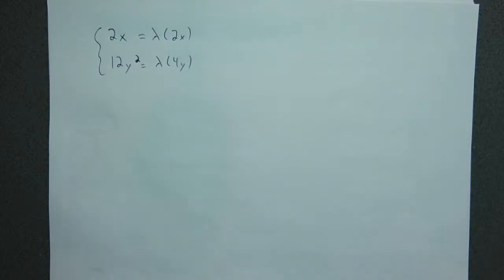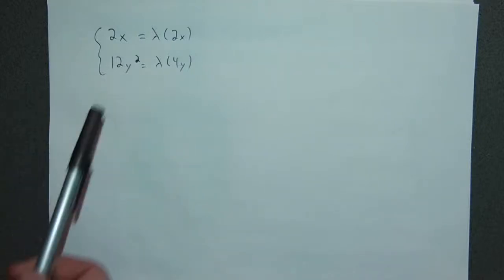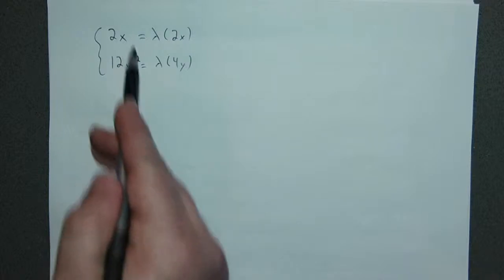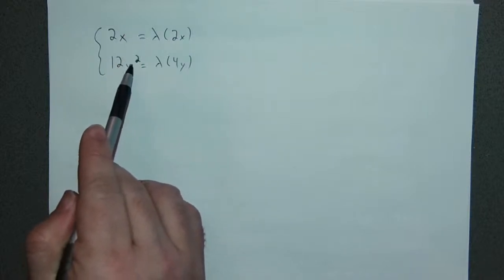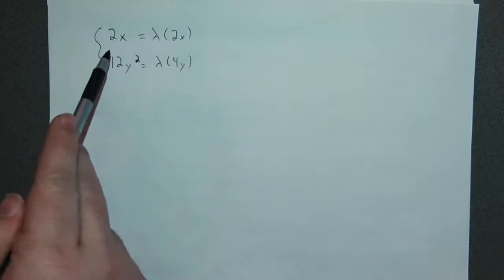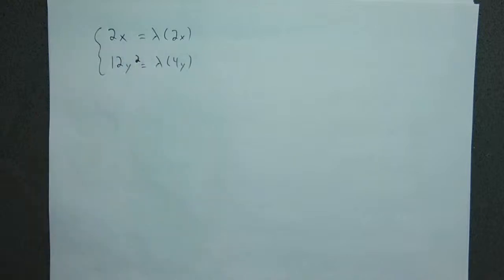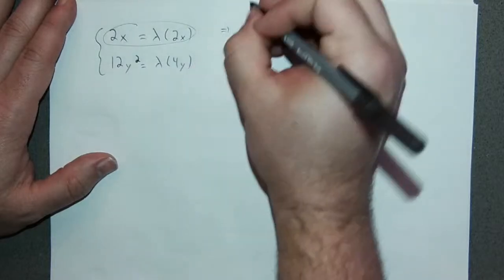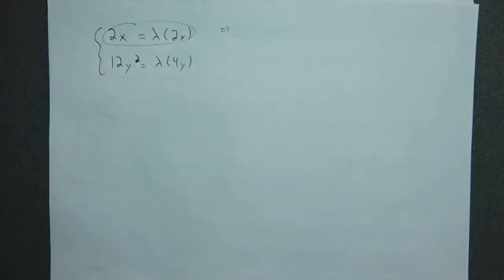But generally, the approach is to start with the equation that is easiest for you. Ignoring the fact that the second has a square term and the first doesn't, the first equation is easier just because what occurs on the left and right are very similar to each other. So if I look at this first, what do I get immediately? 2x is equal to some real number lambda times 2x.